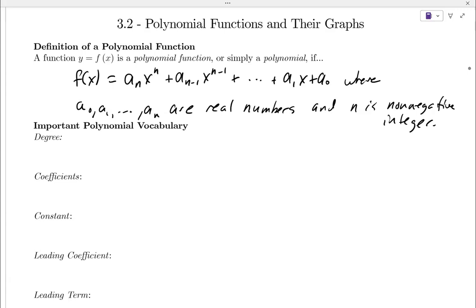Real numbers, again, are the numbers that you're used to dealing with. They include the whole numbers, the no decimal parts, the fractions, and the things that aren't fractions, like square root of 2 and pi and e and all of those things. Non-negative just means it could be 0, but it could be positive. Integer just means no fraction.